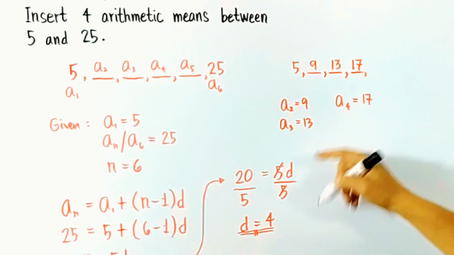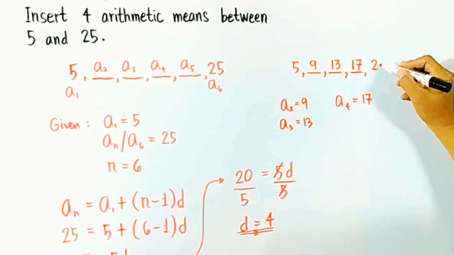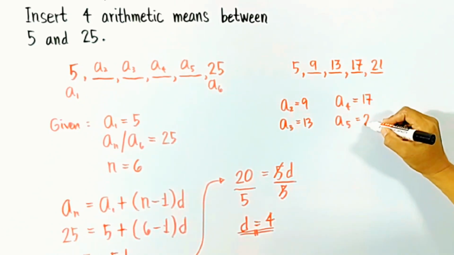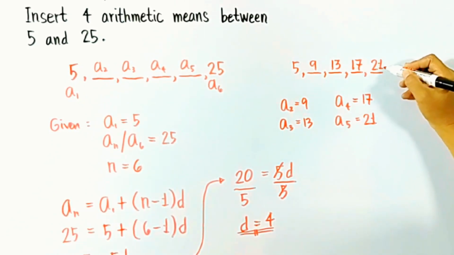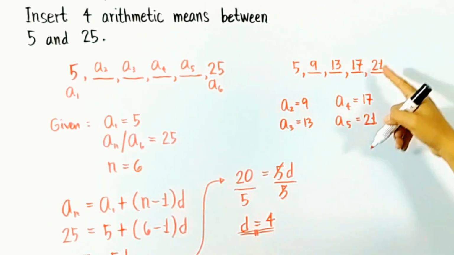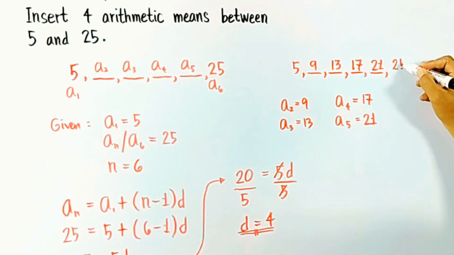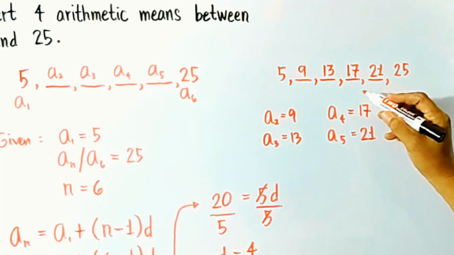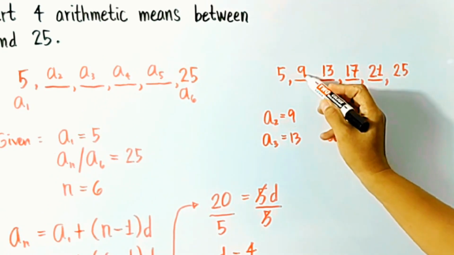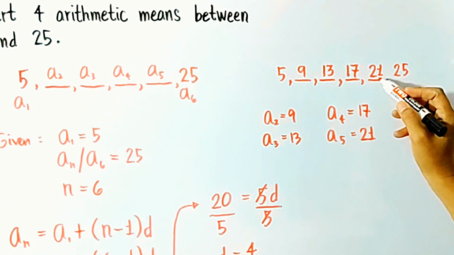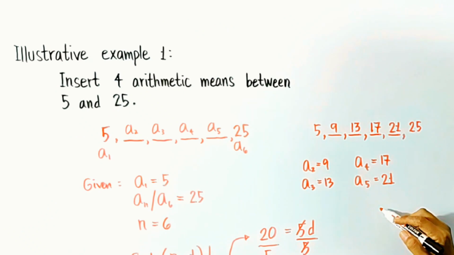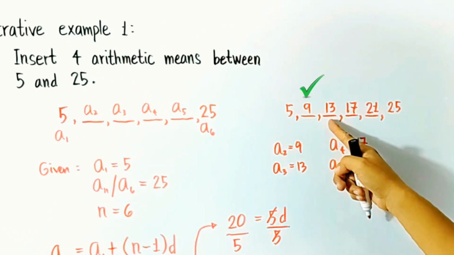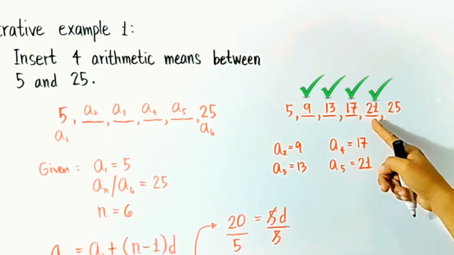Then we add again 4 and have 21, which is our fifth term. And the last term, 21 plus 4 is 25, which is already given. The unknown values of the second, third, fourth, and fifth terms are 9, 13, 17, 21. Therefore, the arithmetic means between 5 and 25 are 9, 13, 17, and 21.